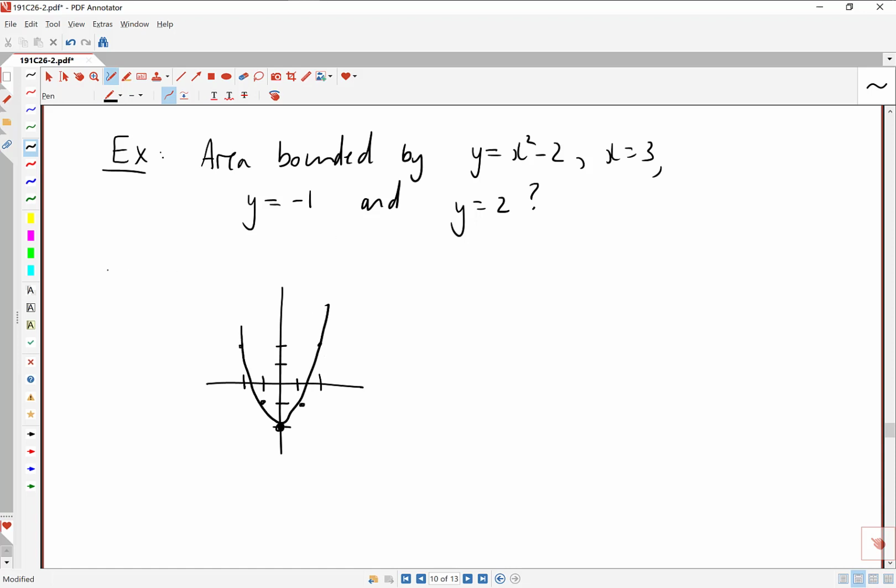Now what else do we have? We've got x equals 3. Remember, x equals something is always going to give you a vertical line. So we've got this vertical line, x equals 3. And then we've got a couple of different y values. Something like y equals -1 is a horizontal line. So here's one horizontal line, and the other one's at y equals 2.